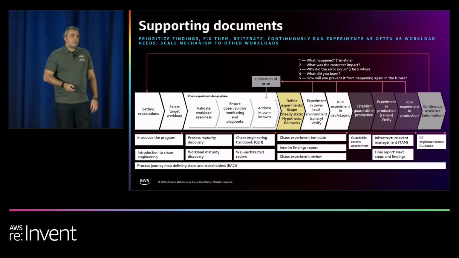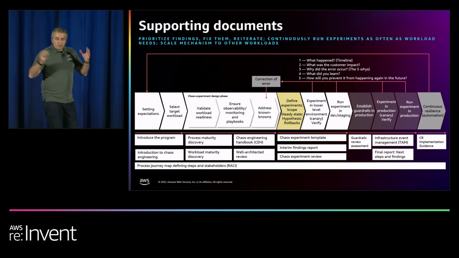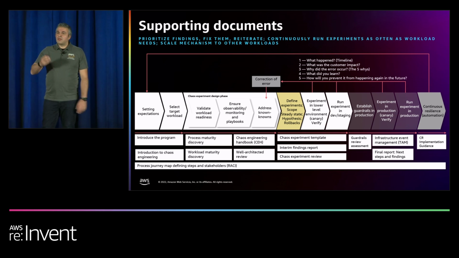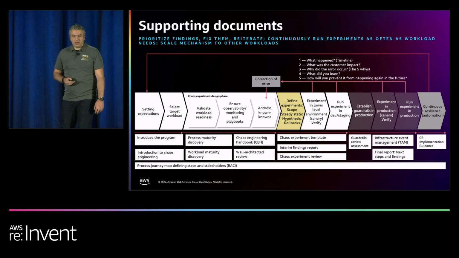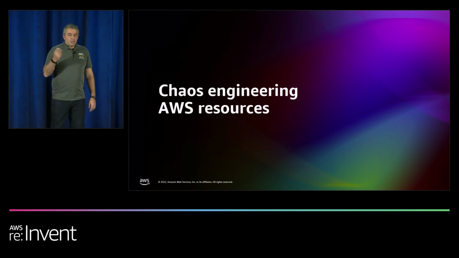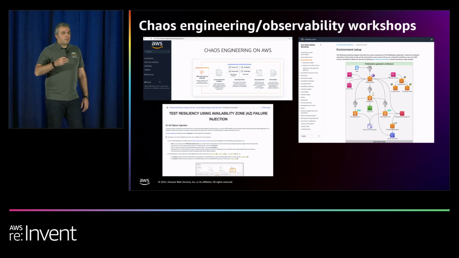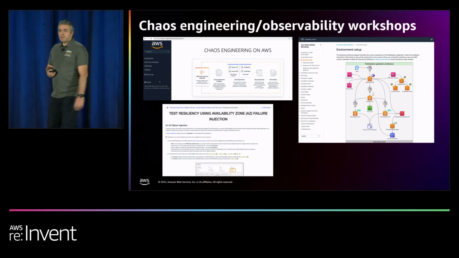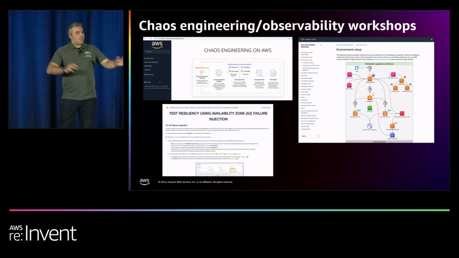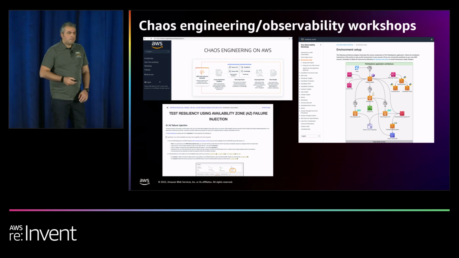Now next, I just want to show you some resources that you can start with when you're thinking about chaos engineering on your own time. And so we have great chaos engineering workshops that go from resilience to security.